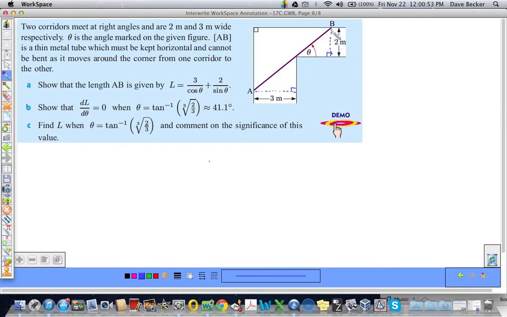And let's see, this is parallel to this, so we have corresponding angles, so this angle right here must also be theta, okay?